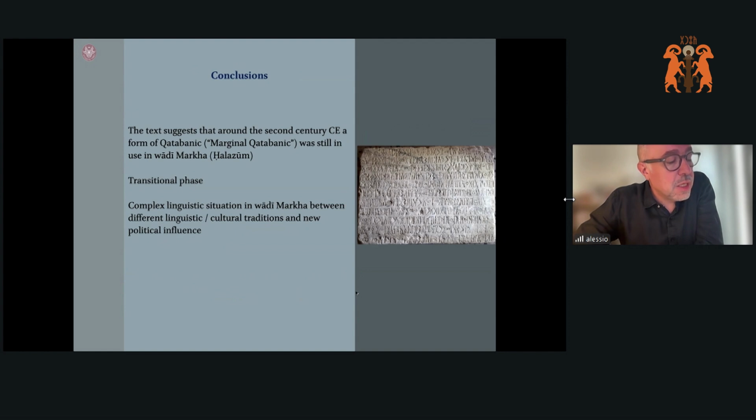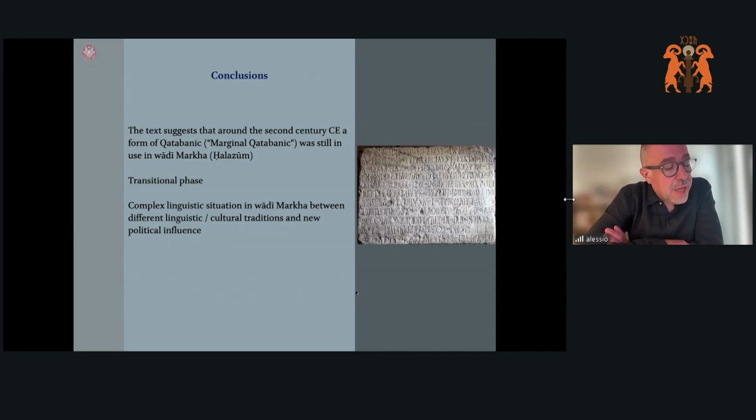Qatabanic authority and the second flourishing of Auzan had already waned, while Sabaean and Radmanite control over this portion of the interior valleys had probably not yet been firmly established. The presence of Sabaic linguistic features in what is fundamentally a Qatabanic text could be explained in several ways.